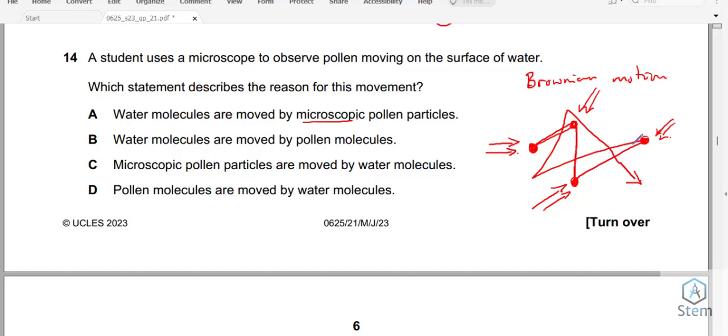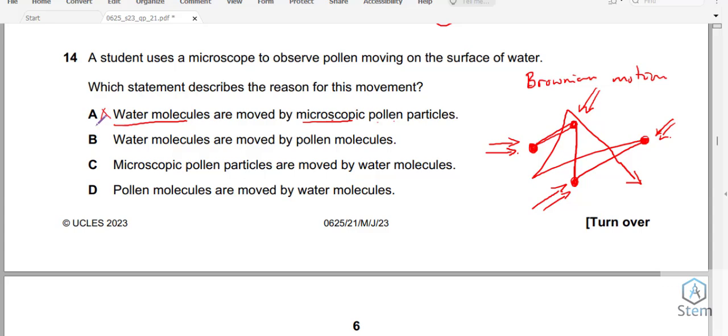So our answer here is going to be explaining the bombardment of pollen particles by water molecules. So A says water molecules are moved by microscopic pollen particles. Now, what is really more microscopic is the water molecules, not the pollen particles. So A is not correct.